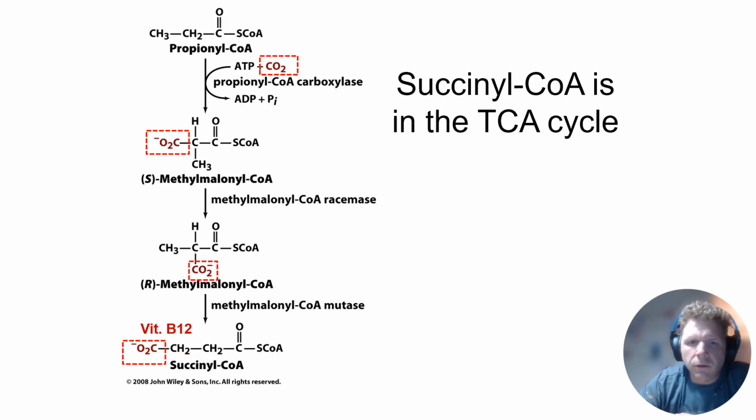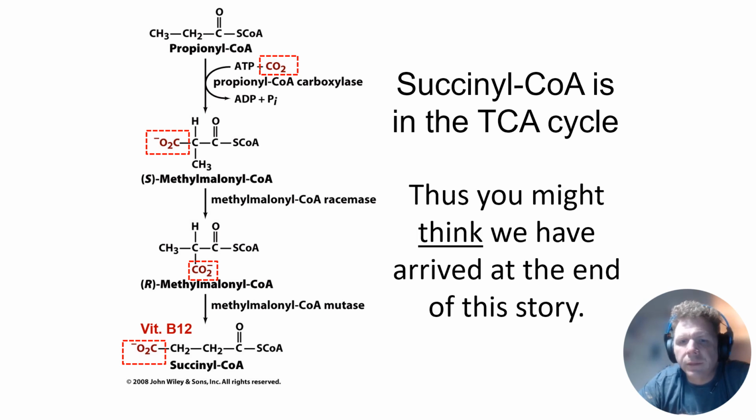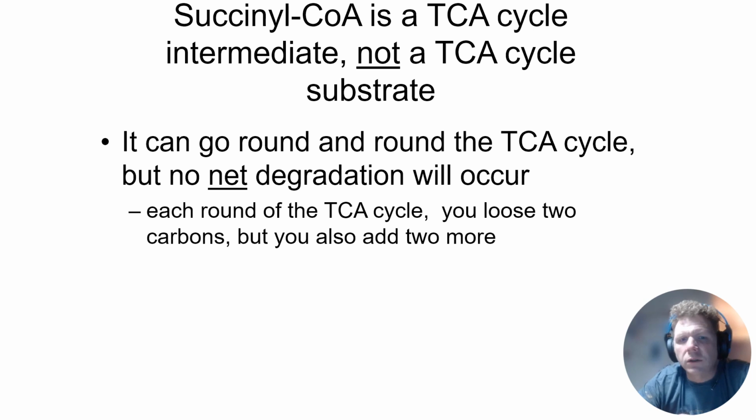Now, succinyl-CoA, which is one of our endpoints in this, is a molecule found within the TCA cycle. You might think we have arrived at the end of the story, but not the case. Succinyl-CoA is a TCA intermediate and not a substrate. It can go round and round the TCA cycle, but no net degradation will occur.